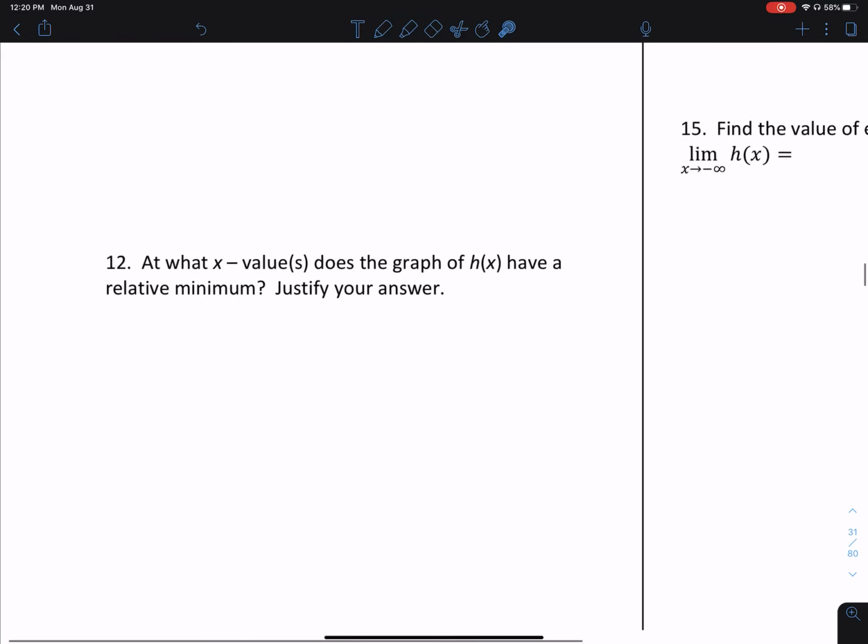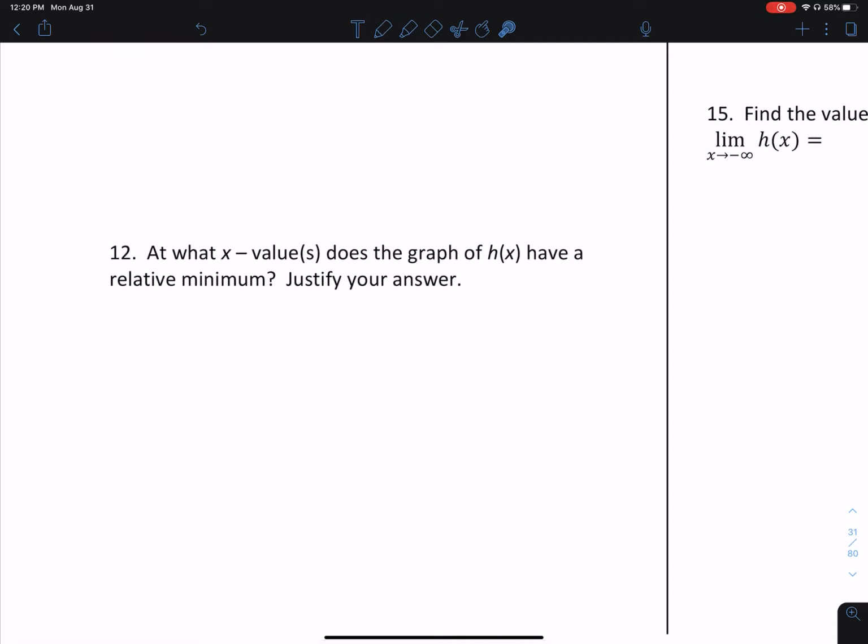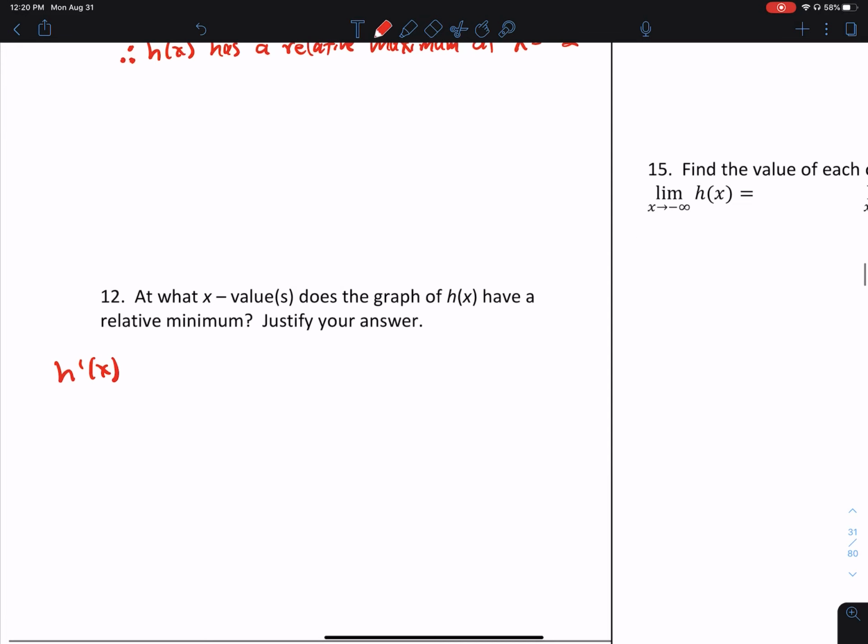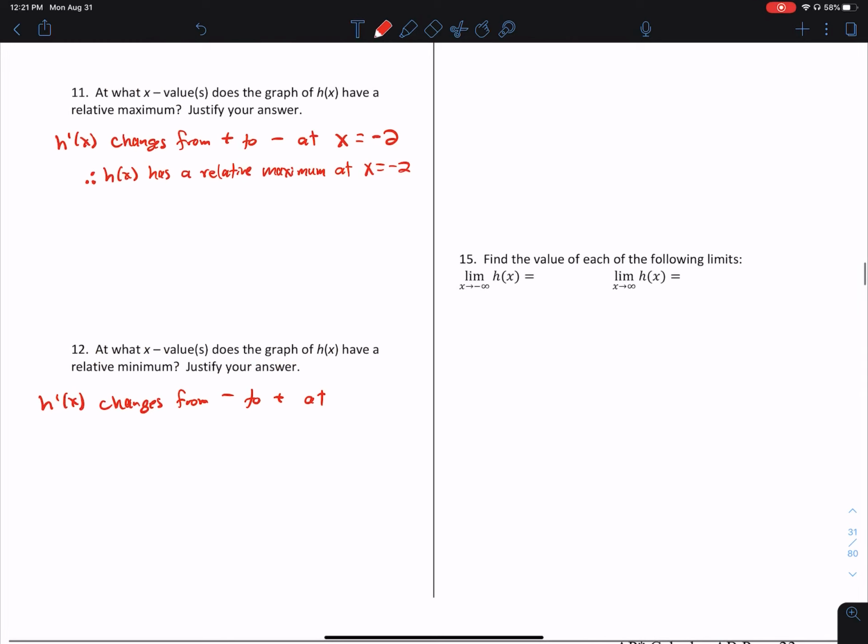At what values does the graph of h of x have a relative minimum? Justify your answer. Well, I don't know the answer to this yet, but I do know this. H prime of x is going to have to change from negative to positive. Now, where does that happen?